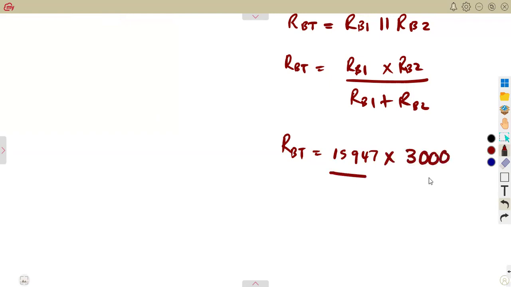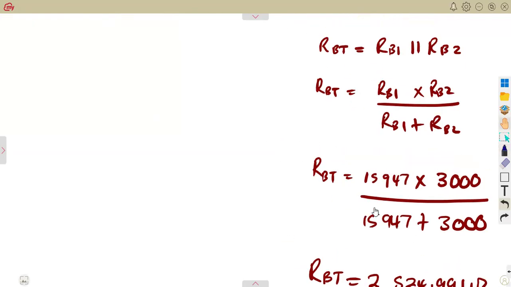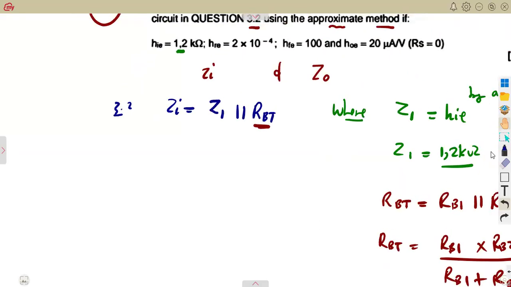And for the sum, you have to add these two. By dividing everything, you're going to obtain your RBT as 2,524.991 ohms. That's the RBT that we need now to calculate the Zi here.